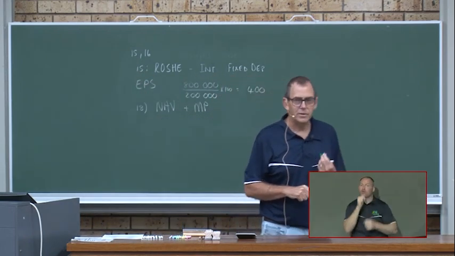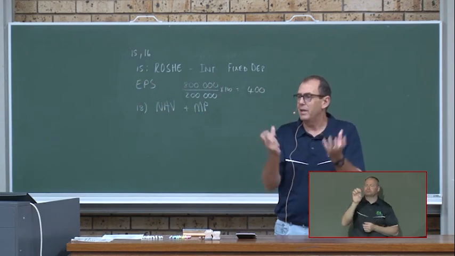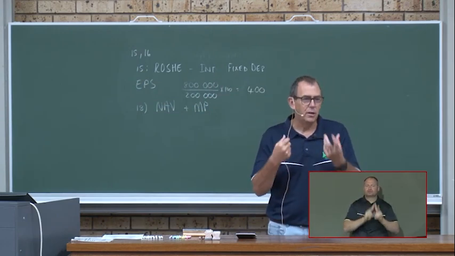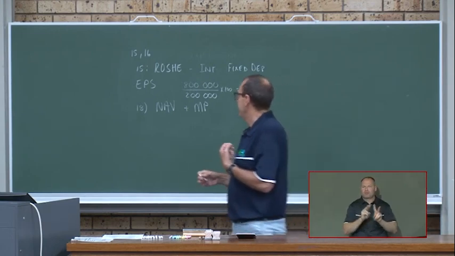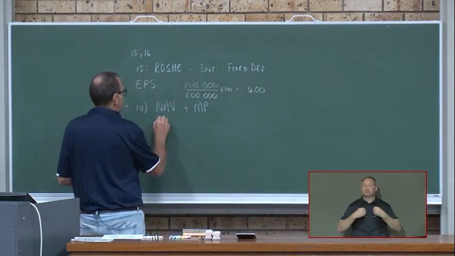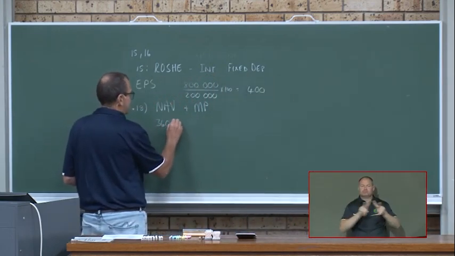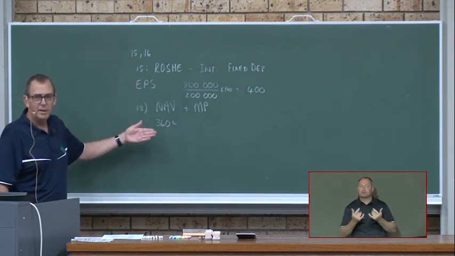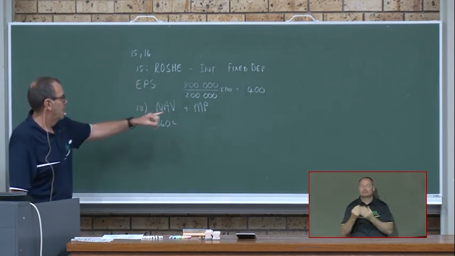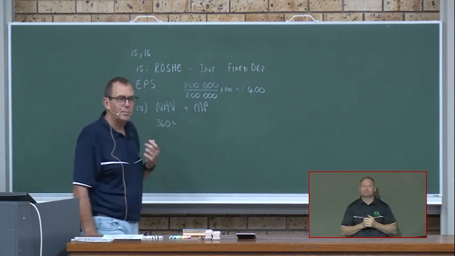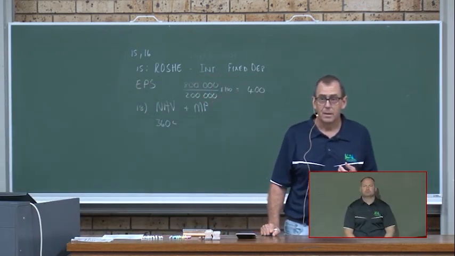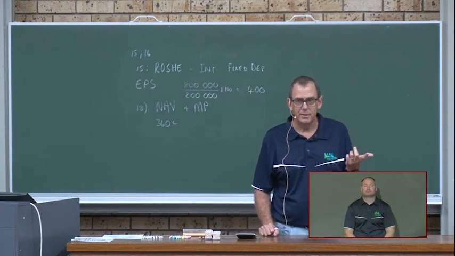Net asset value tells you what is the value of your share. All right, what is it actually worth? So if my net asset value is 360 cents, how do we get that? Shareholders' equity divided by the number of shares. Market price. Where do we get the market price? On the JSE.